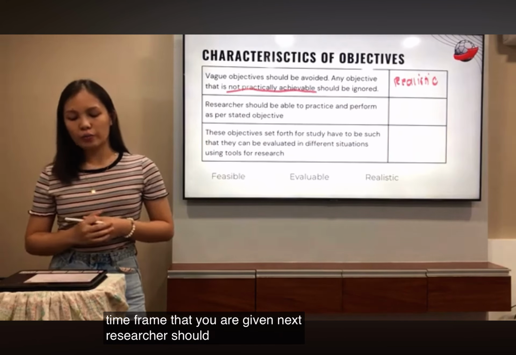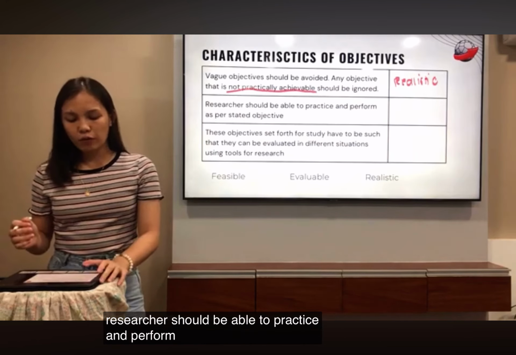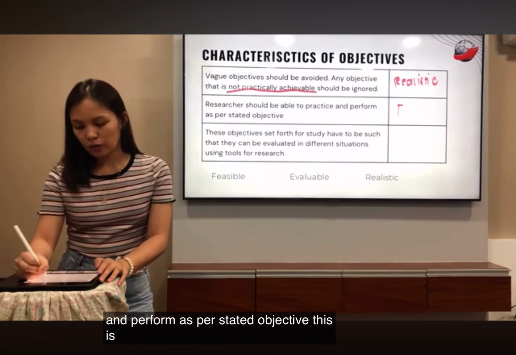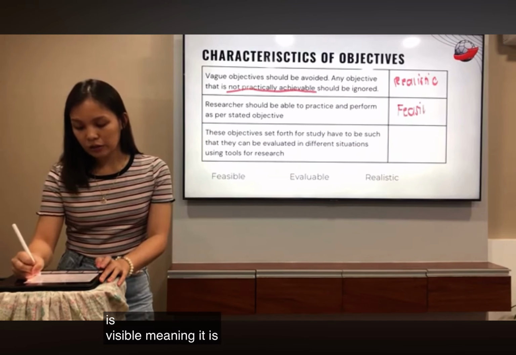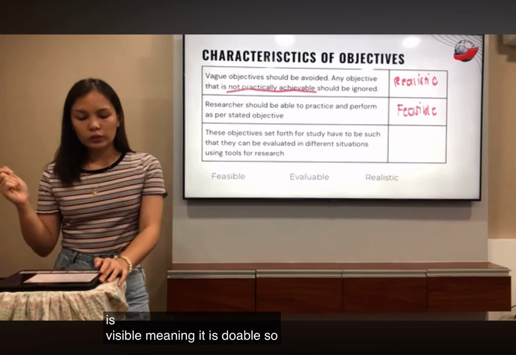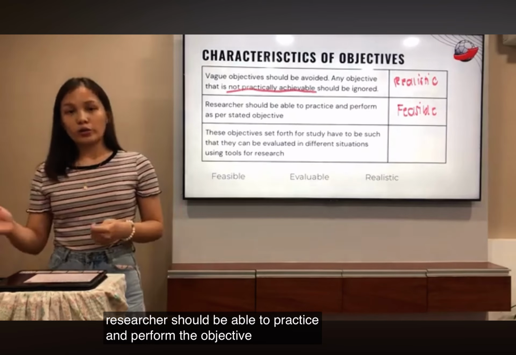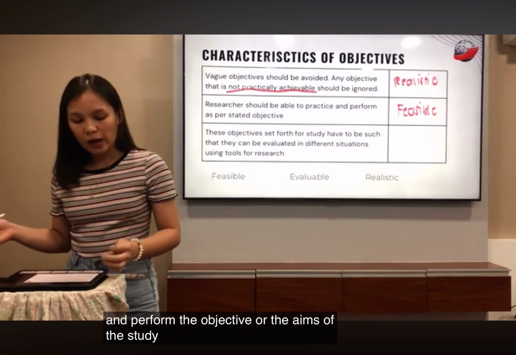Next, researchers should be able to practice and perform as per stated objective. This is feasible, meaning it is doable. So again, researchers should be able to practice and perform the objective or the aims of the study as per stated objective.